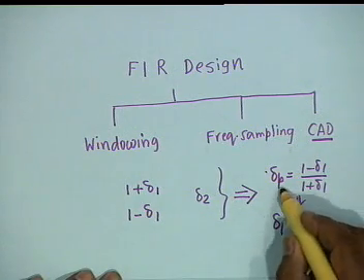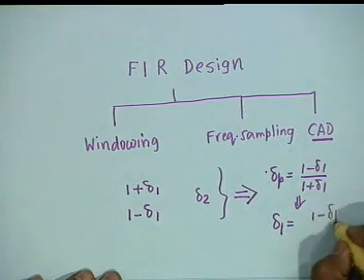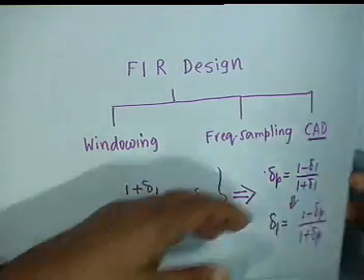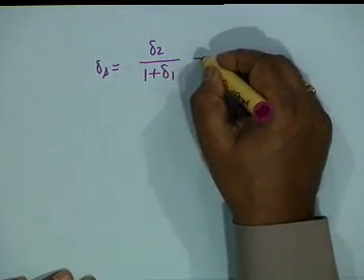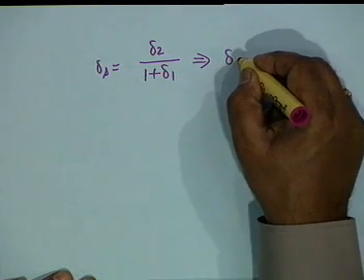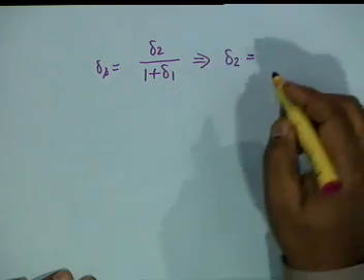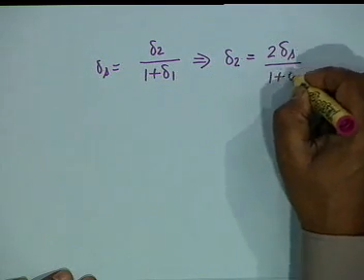So, given delta P, you convert to delta 1, which is 1 minus delta P divided by 1 plus delta P, and then delta 2, our delta S in our nomenclature, shall be equal to delta 2 divided by 1 plus delta 1, which gives rise to delta 2 in terms of delta P and delta S. This is twice delta S divided by 1 plus delta P.